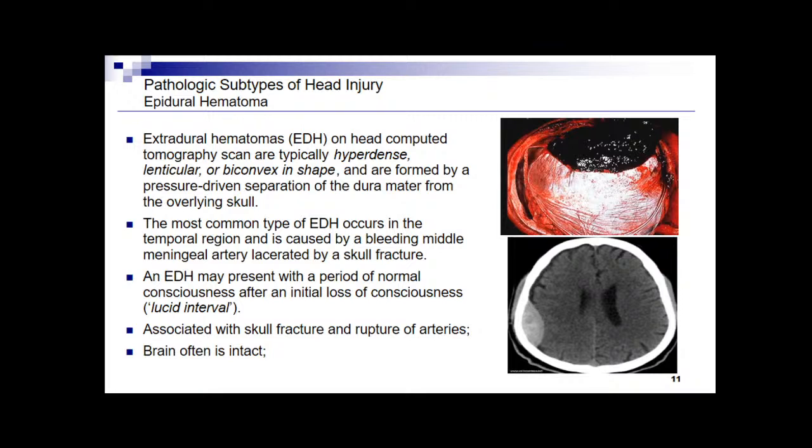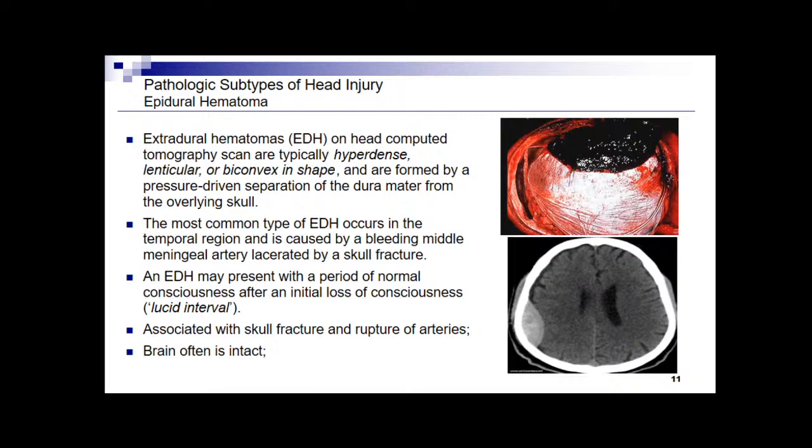Extradural synonym is epidural hematoma. On head computed tomography scans it is typically hyperdense, lenticular or biconvex in shape. So we can differentiate types of hematoma on the CT scan.